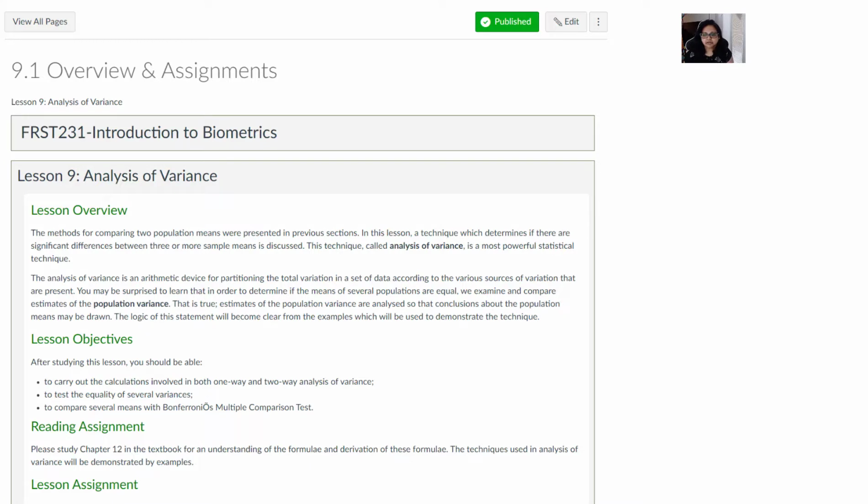Hello everyone. Today we are going to learn analysis of variance. In the analysis of variance, what we usually do is that if we have the variances, then we try to partition the total variation in the set of data where we have different sources, so that we can identify those variances.